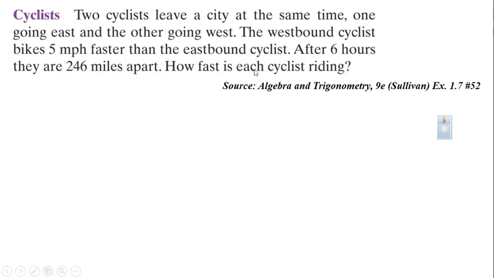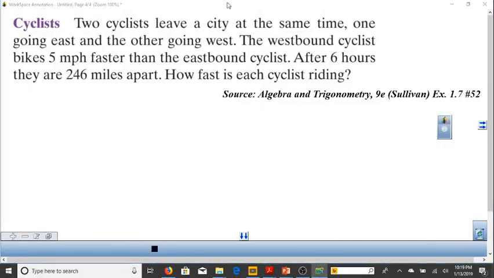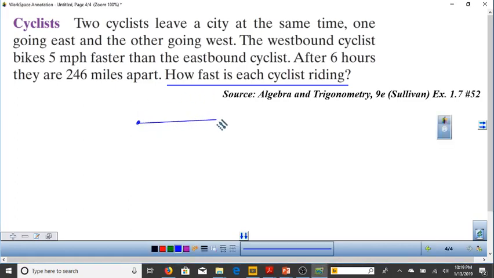Now let's again do a diagram here. They're asking how fast is each cyclist going. So we should have two answers to this question. And so what I will do is I'll start off with a starting point, and we have one cyclist going to the east, which is typically to the right on the paper, and the other cyclist going to the west. Now let's see here. They say that the westbound cyclist is going 5 miles per hour faster than the eastbound cyclist.